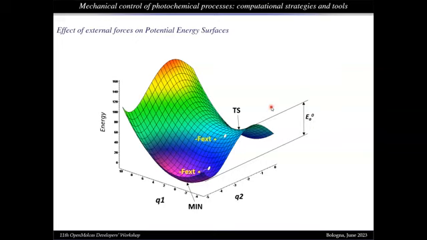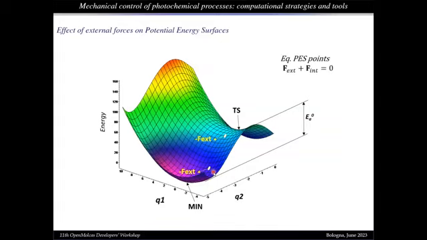But if we apply a mechanical force, in general, the structure of the minimum and transition state, the structure of every stationary point is changing. Obviously, if we apply a force, we distort the molecule, the system, and this distortion could be small, but in any case, there is a change in the structure of the minimum, transition state, etc.